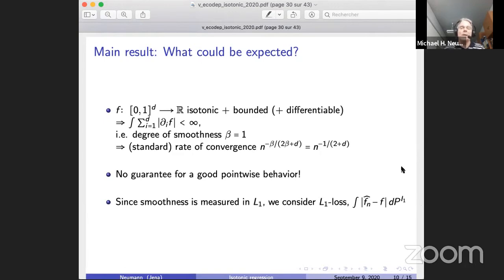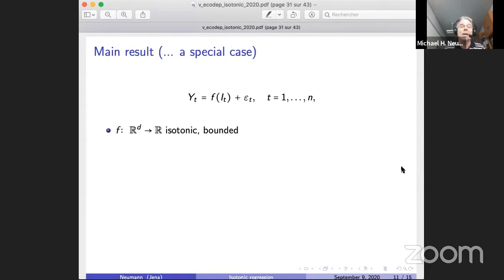But we can hope for good behavior of the estimator in an appropriate L1 sense. So here we match the norms which are responsible for the smoothness and which form the loss function. In both cases, we consider the L1 loss. So next slide, please, Paul.